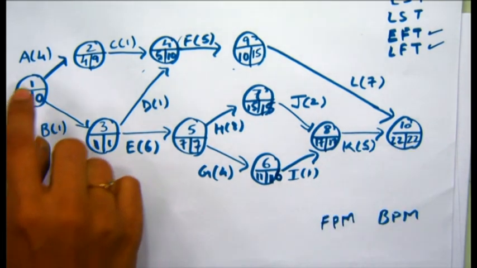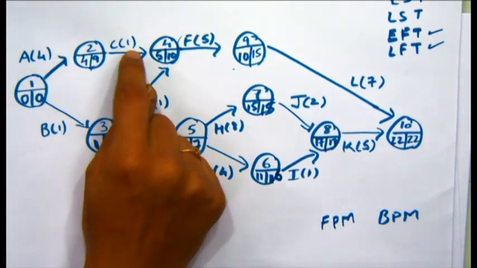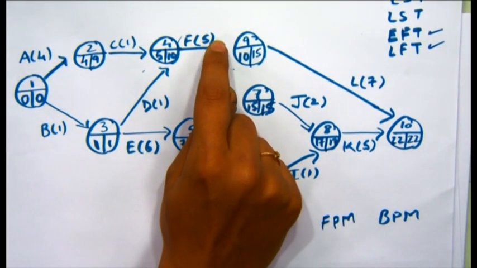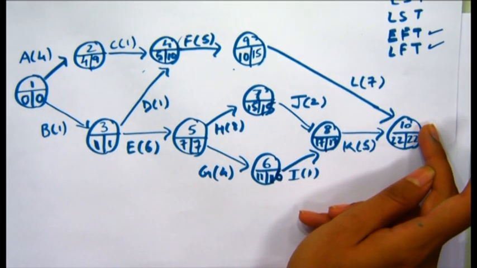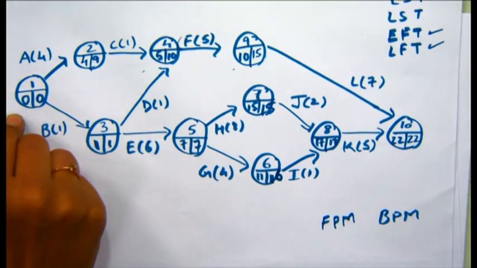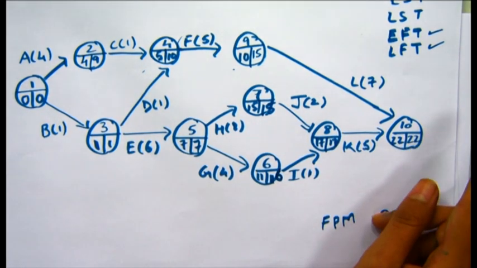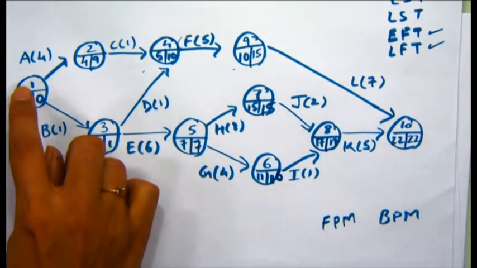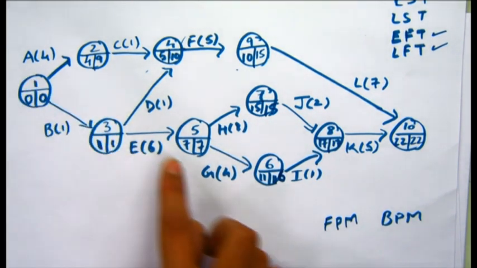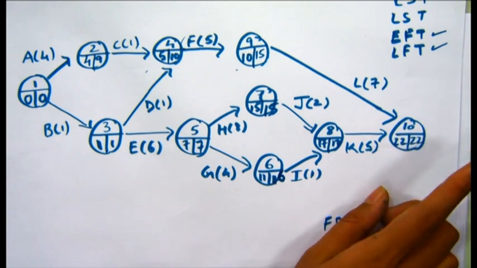If we go by this path, we can say that 4 plus 1 plus 5, which is 10, plus 7, so we have 17. So we can reach from the start of the network till the end of the network in 17 days, which is one of the paths. We have another path as well. We have many paths, but the path which takes maximum time for its completion is called the critical path.